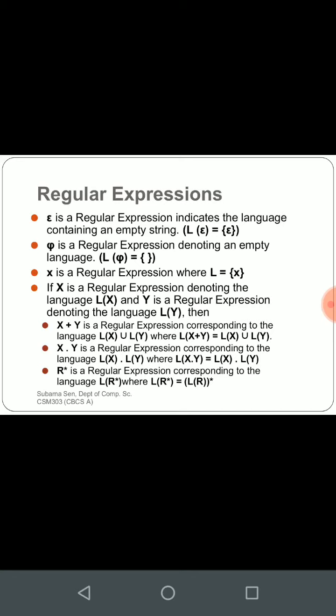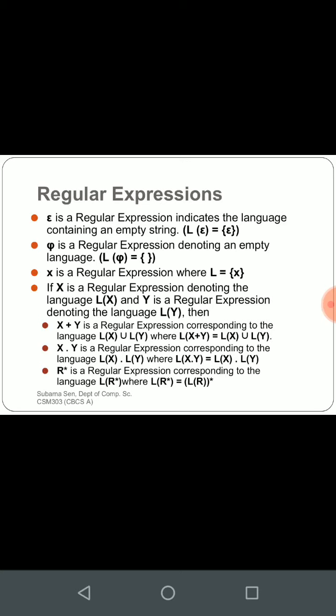If X is a regular expression, the language is L of X. In this fashion, we will see more examples. Now, if X is a regular expression denoting the language L of X and Y is denoting L of Y, then all these conditions hold, and we will see the proof of each step.